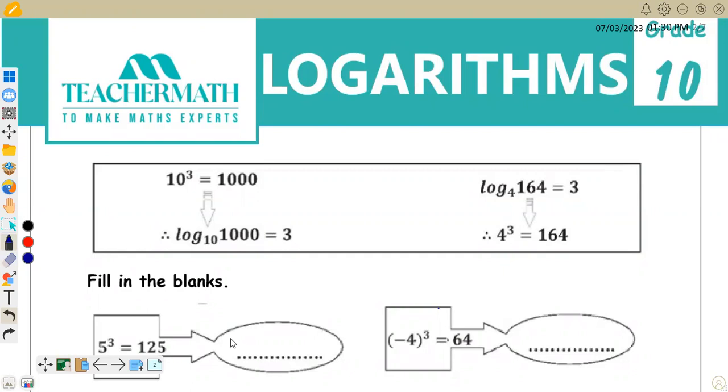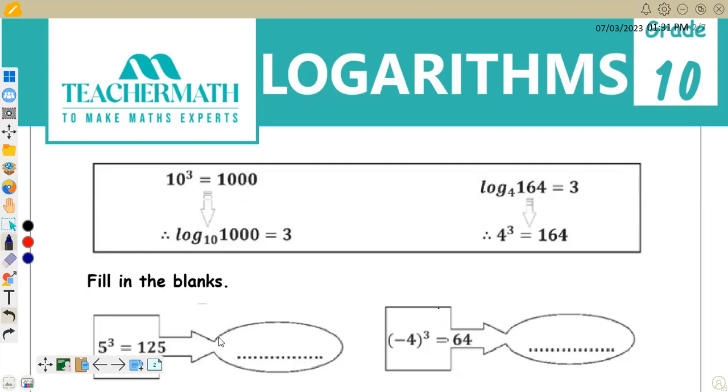Here we are going to discuss how to write a given index form expression in log form and a given log form expression in index form, and we are going to check how we read a logarithm value using a logarithm table, and we are going to find the logarithms of relevant values and the corresponding value of the given logarithms, and we are going to discuss some past paper questions.